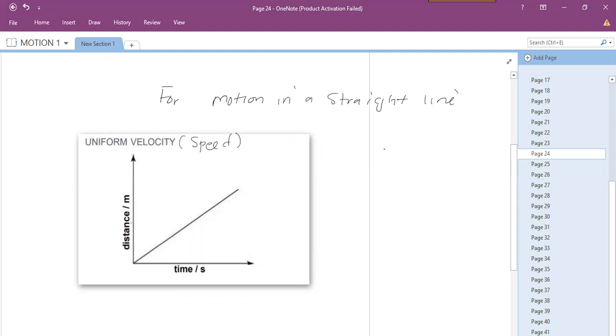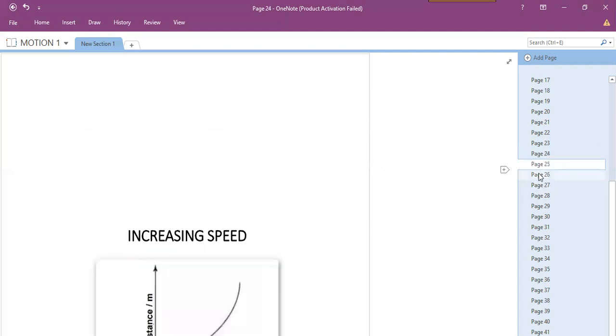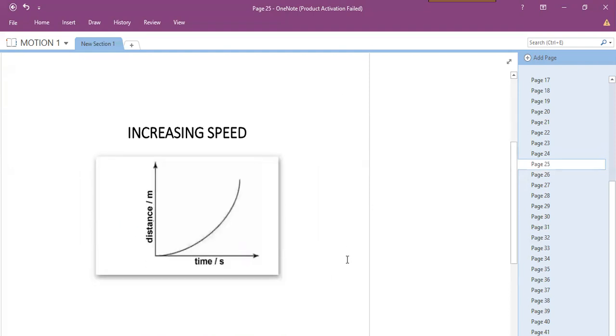So we started off with a straight line which said no motion. Then a slope like that which says uniform speed or velocity. Then we can have a line like that which shows increasing speed.